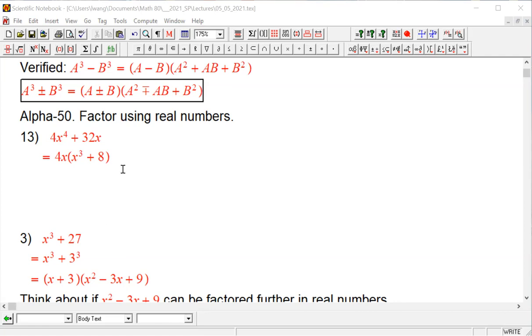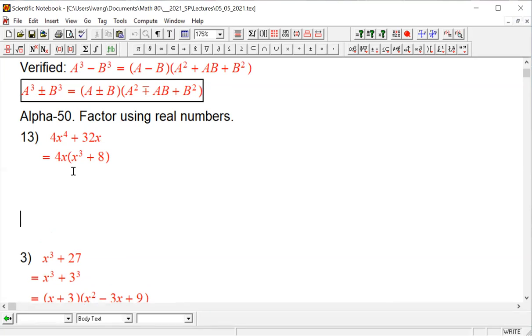We can still work it, you just do the cubic root, but I don't think we want to deal with that at this moment. And then we just proceed. So we have 4x, and then we have x plus 2, and then we have x squared minus 2x plus 4. We're done.